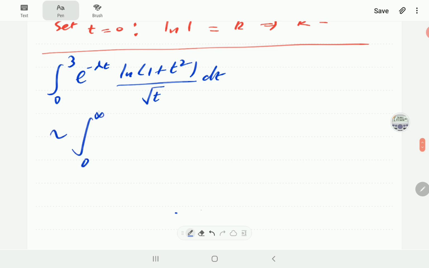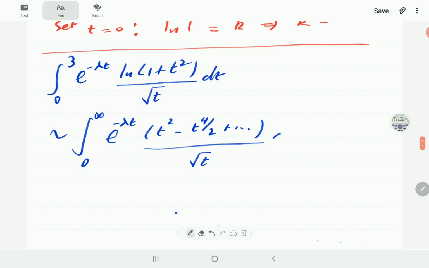We are going to again adjust the integration limits to 0 to infinity. Then here we're going to have t squared minus t to the power 4 over 2, all divided by square root t.